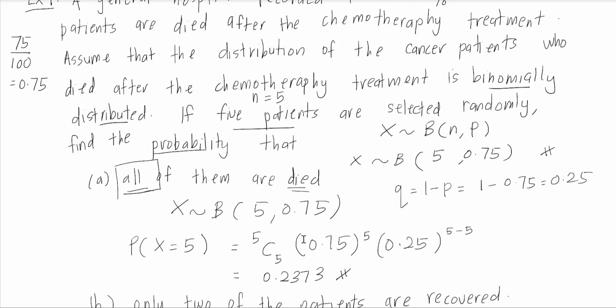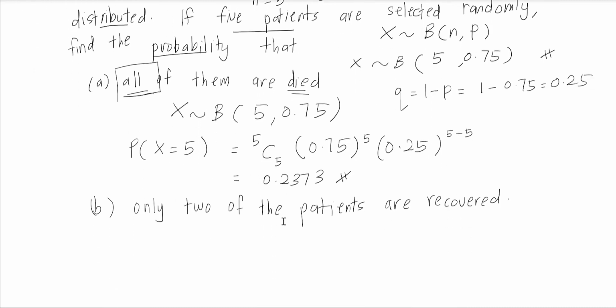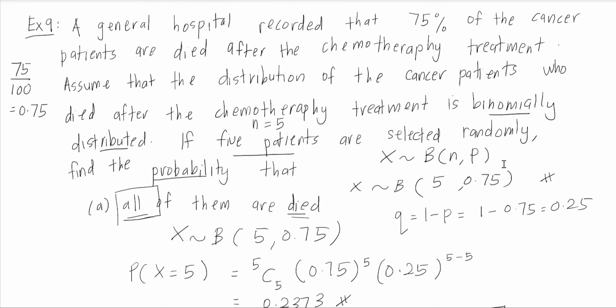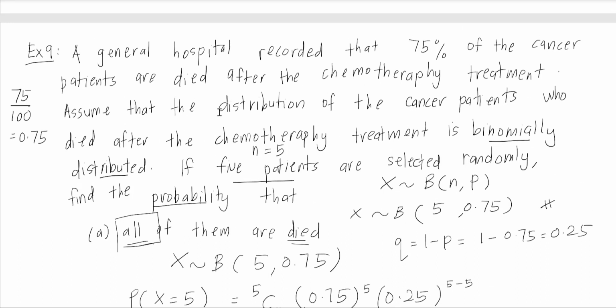Now we look at the second question. Only 2 of the patients recovered. Now we have the word recovered, but the probability given in the question is for patients who died.